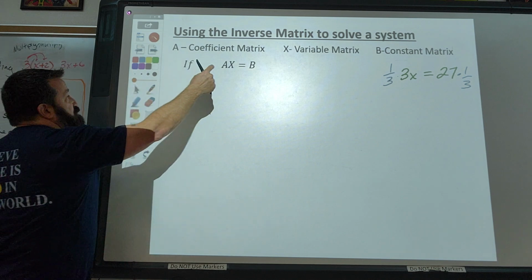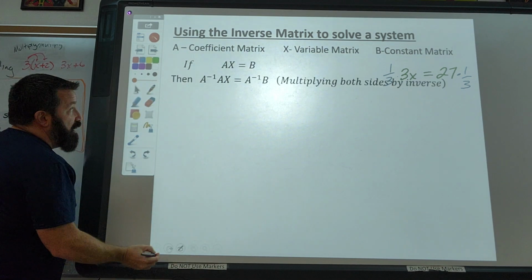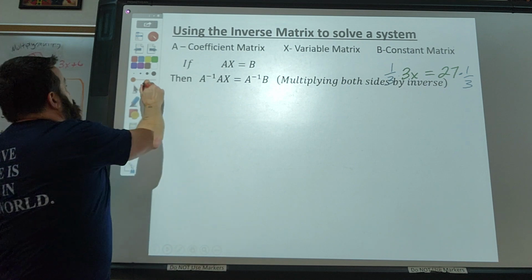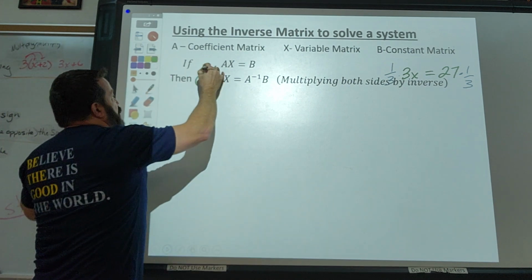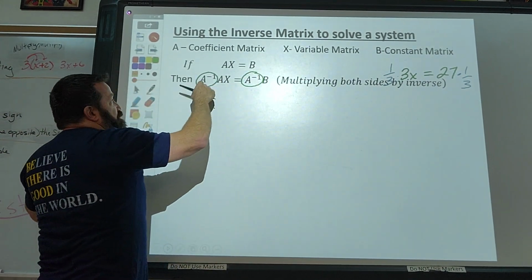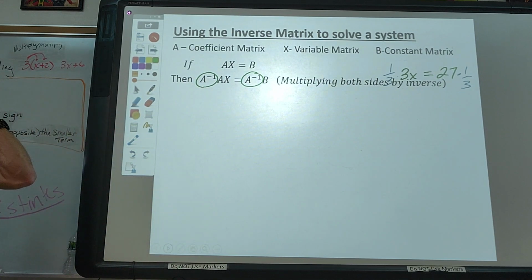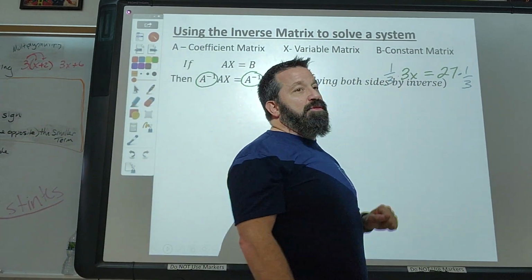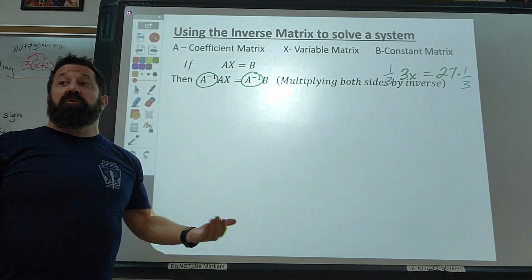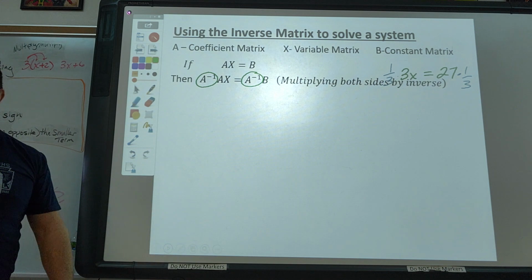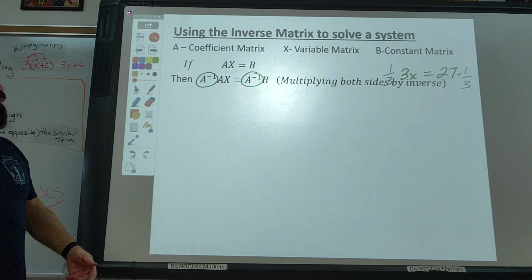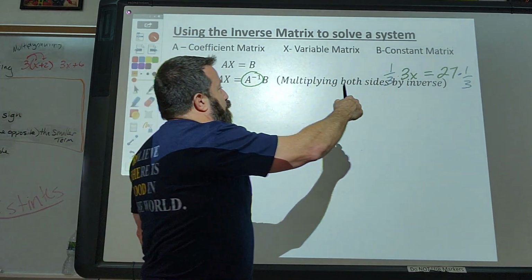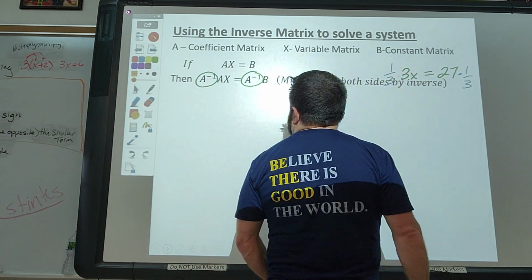Right? Now, the reason why we use 1/3 is that 3 and 1/3 are called multiplicative inverses. They're inverses of each other, right? Well, when I have this matrix equation, I am going to multiply both sides by the inverse of matrix A. So I'm undoing that matrix by using its inverse. Just like over here, I multiply by 1/3, I am multiplying by the inverse to get rid of it. Okay? And then what happens over here when you do that? What is 1/3 times 3?